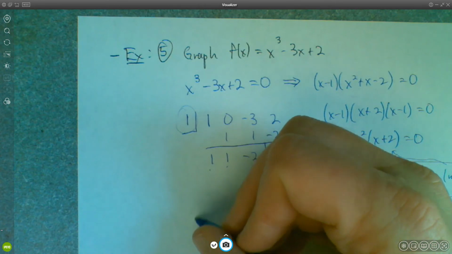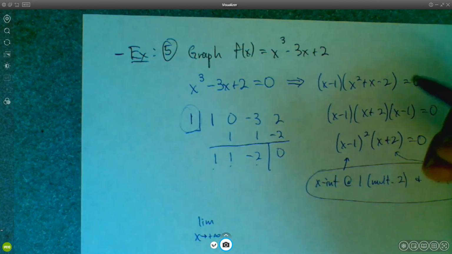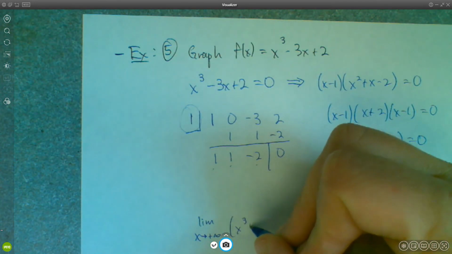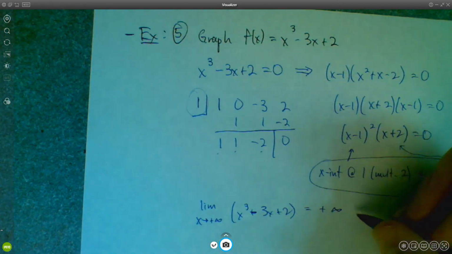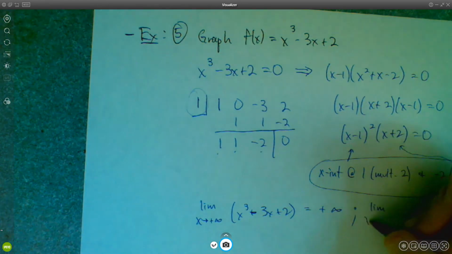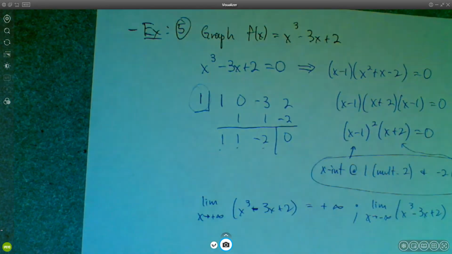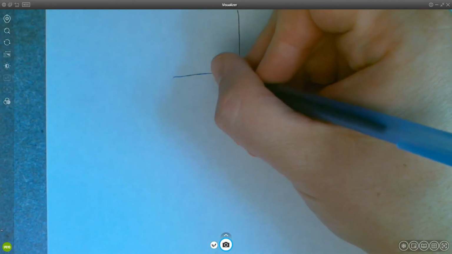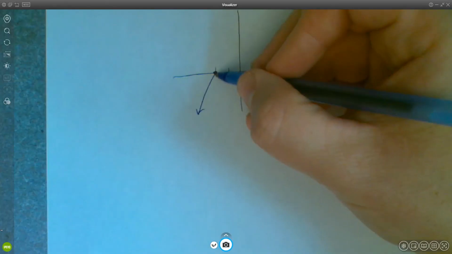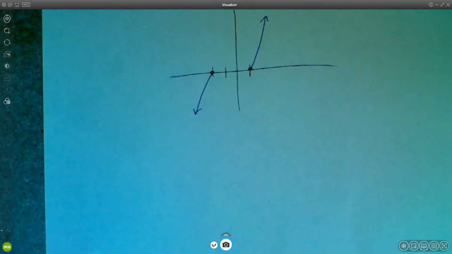Maybe you didn't express it in terms of limits, but we can express it in terms of limits now. The limit as x approaches positive infinity of this polynomial is positive infinity. The limit as x approaches negative infinity of this polynomial is negative infinity. So as x goes to negative infinity, f of x goes to negative infinity, and at the other end you're going up to positive infinity. So we know it looks like that.